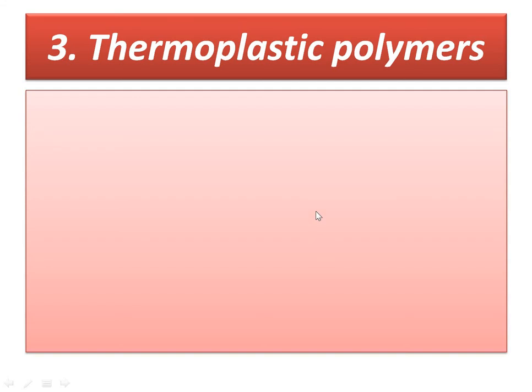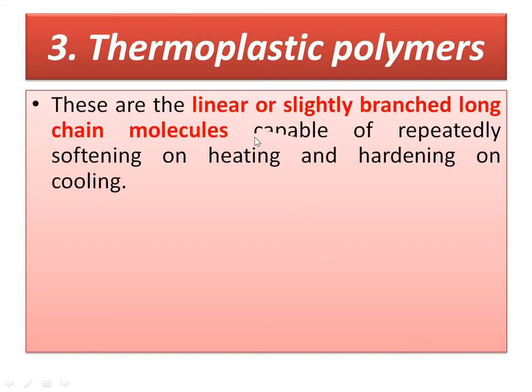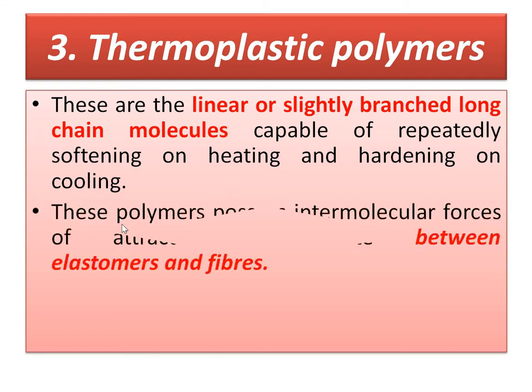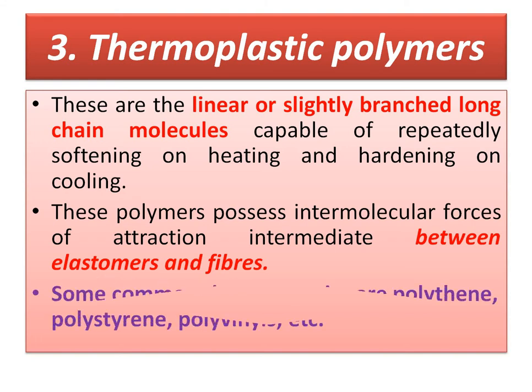Then thermoplastic polymers. These are linear or slightly branched long chain molecules, capable of repeatedly softening on heating and hardening on cooling. These polymers possess intermolecular forces of attraction intermediate between the elastomers and fibers. A few examples are polythene, polystyrene and polyvinyls.